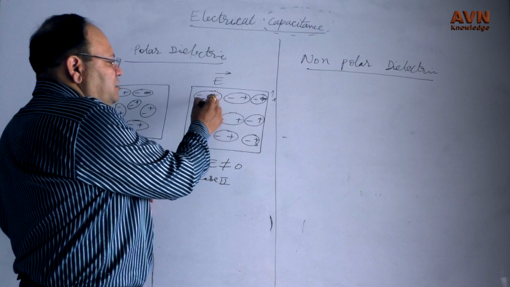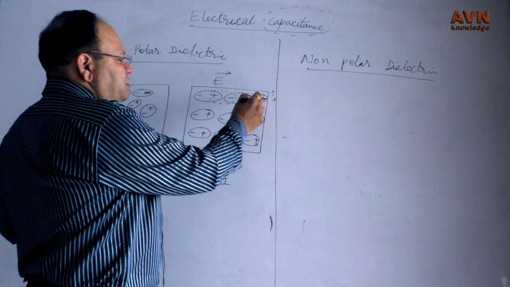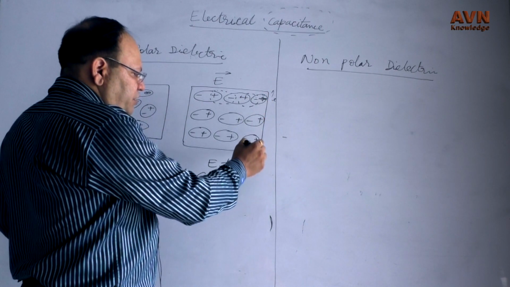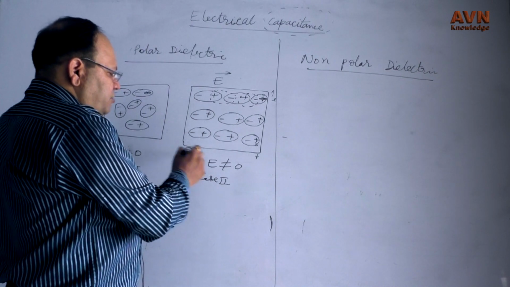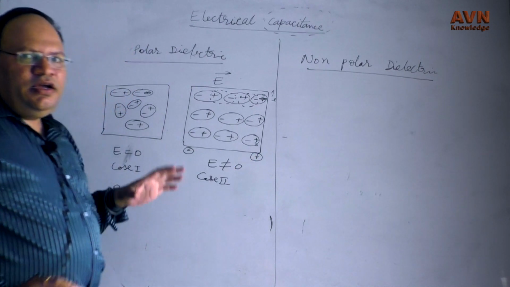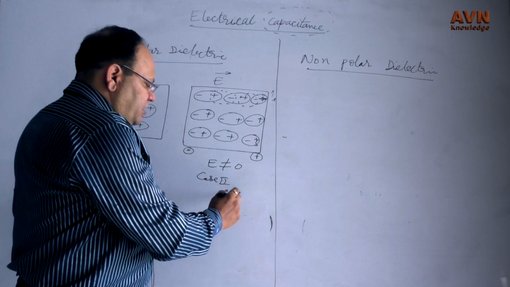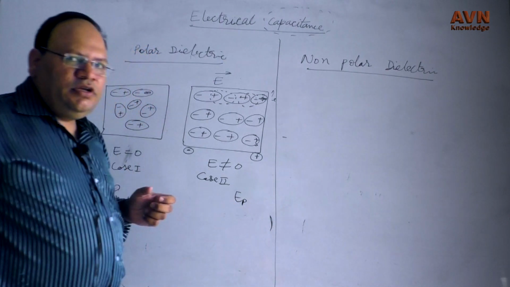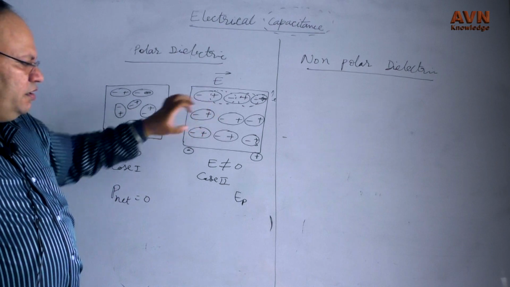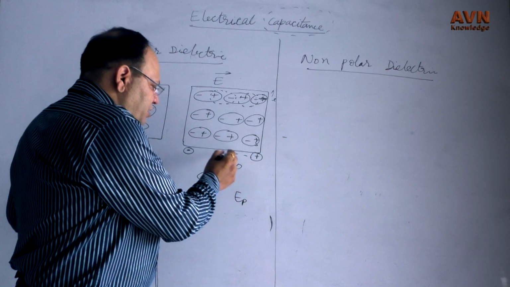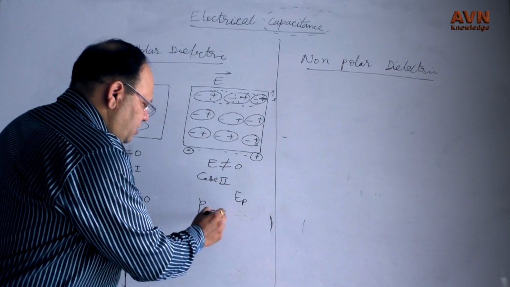So this positive charge will cancel out with this negative, this positive cancels out this negative, and here the last positive and the last negative charge develop induced charges and an induced electric field, that is called EP. So here an induced electric dipole moment is generated.